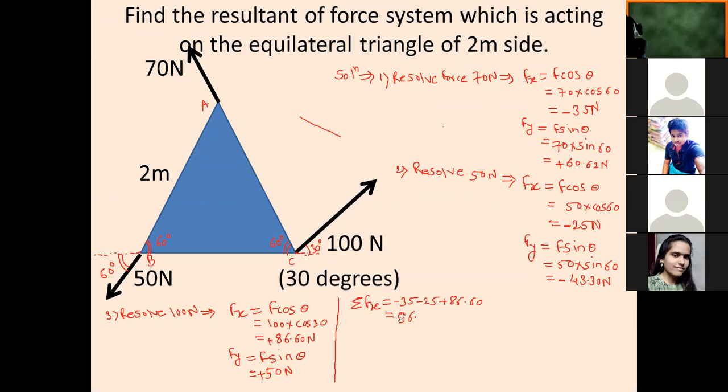26.6 Newton. Now summation Fy is equal to.